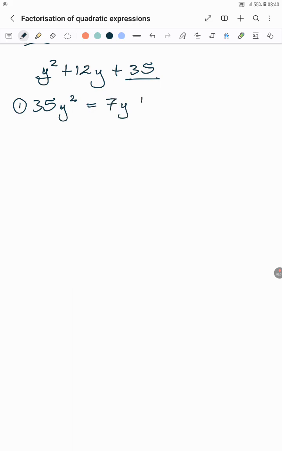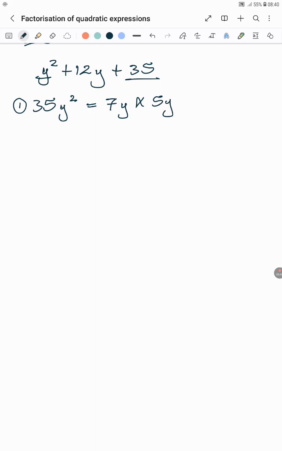If we have y squared plus 12y plus 35, and you're asked to factorize it, the first thing is to multiply the first term by the last to get 35y squared. And how do you get 35y squared? You get it by multiplying 7y and 5y.